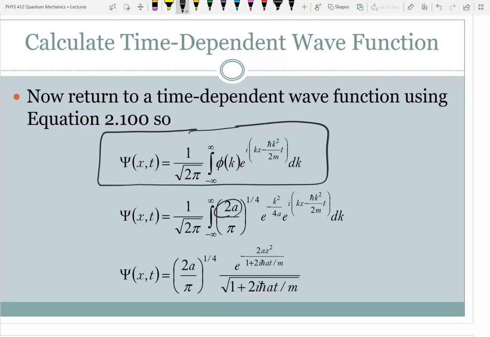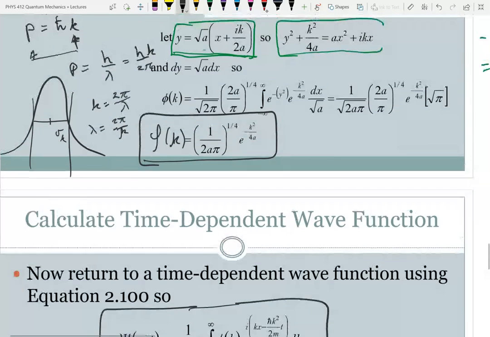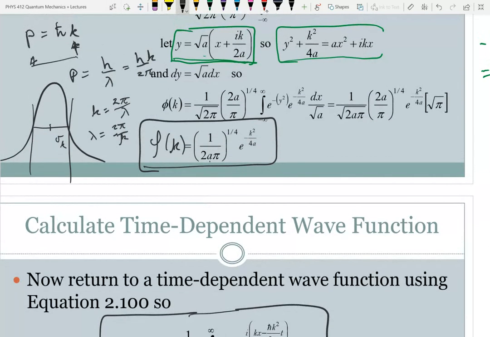Why is the 2a on top? I don't know why I have a different value here.